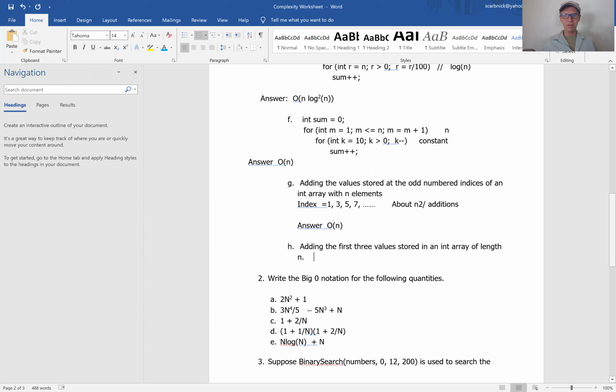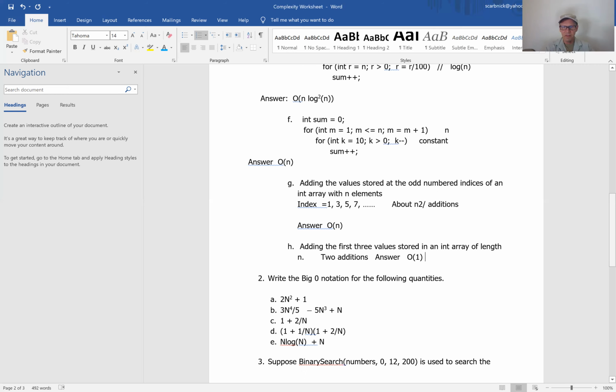It's just 2 additions when you add the first 3 values. And so the answer is order 1. When it's a constant, we just say order 1. Even though it's 2 additions, we don't say order 2. That would look funny. So let's just use the right notation. The answer is order 1.